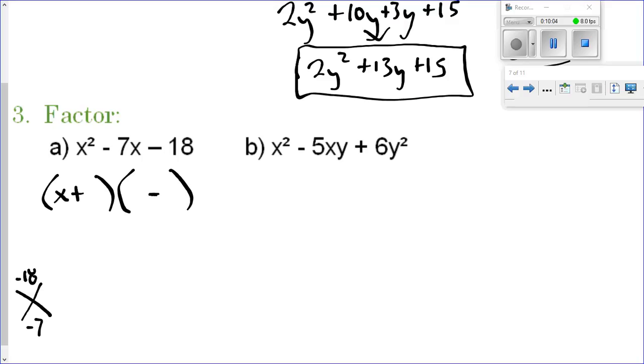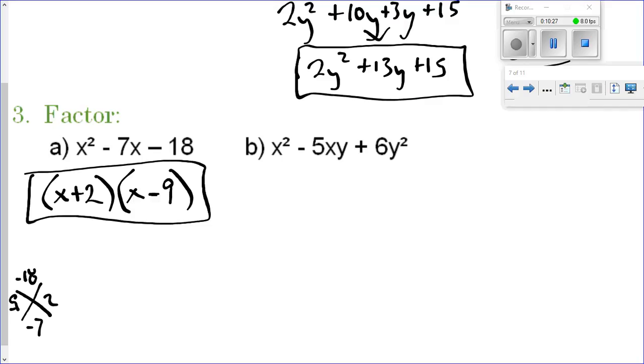My first term is going to be an x for both of them. And I'm thinking, you know what, 9 and 2 sounds as good as anything. If it's a negative 9 and a positive 2, I add them together, it makes a negative 7. Negative 9 times a positive 2 makes a negative 18. So there we go. X plus 2, x minus 9, and I've got it factored.